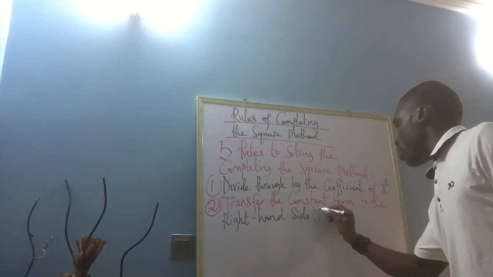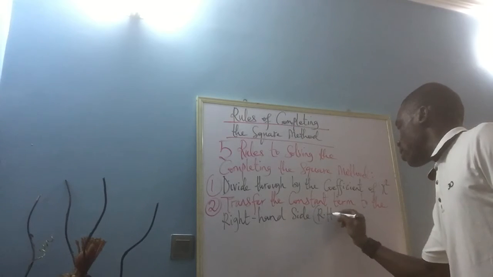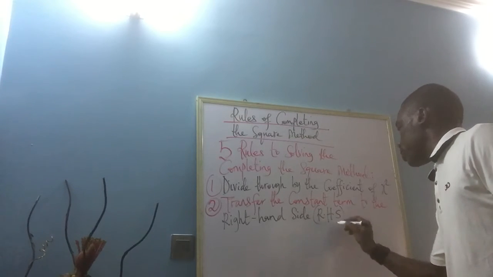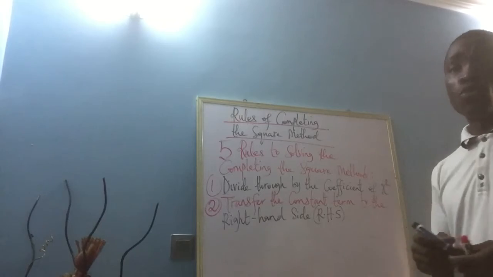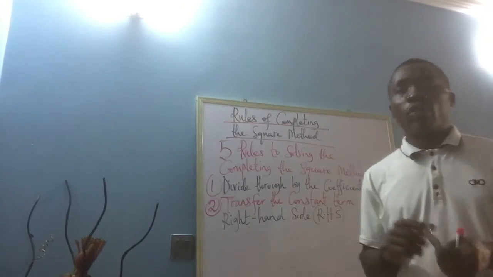Transfer the constant term to the right hand side. So that is the second rule of completing the square method.